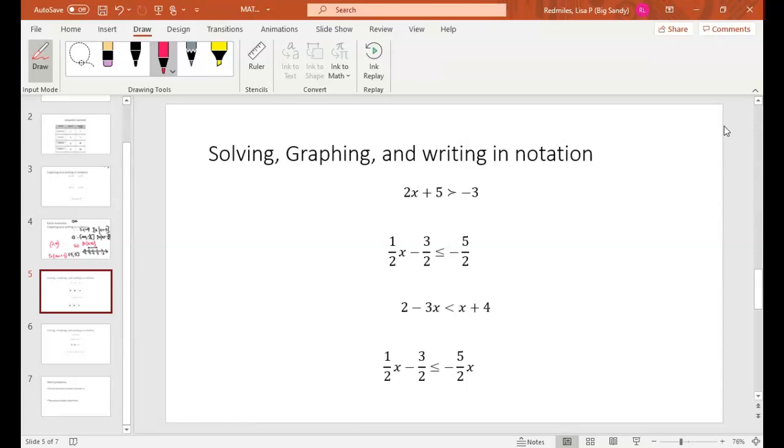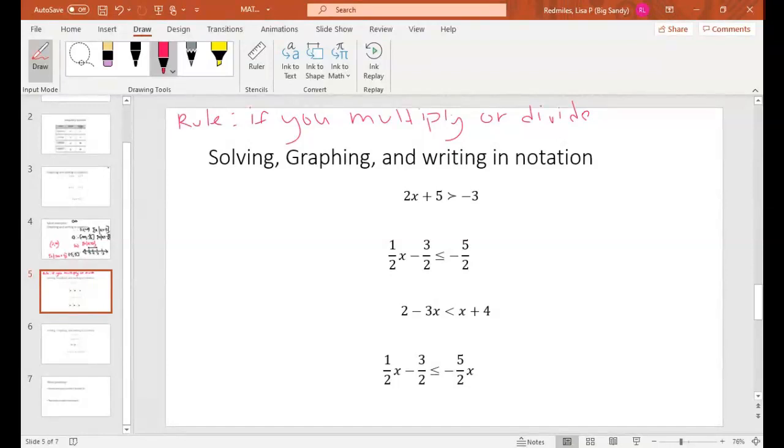The only difference is, and this is the only rule you have to remember that is different from how you solve an equation: if you multiply or divide by a negative number, not into a negative number, but by a negative number, then you have to flip the inequality sign.